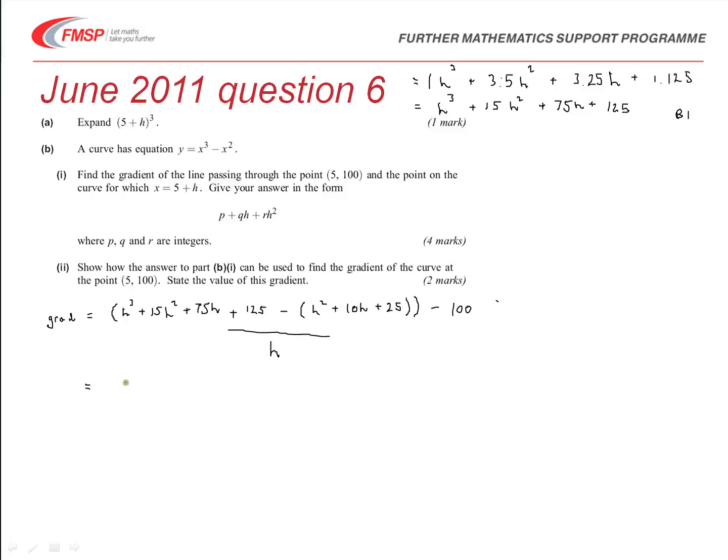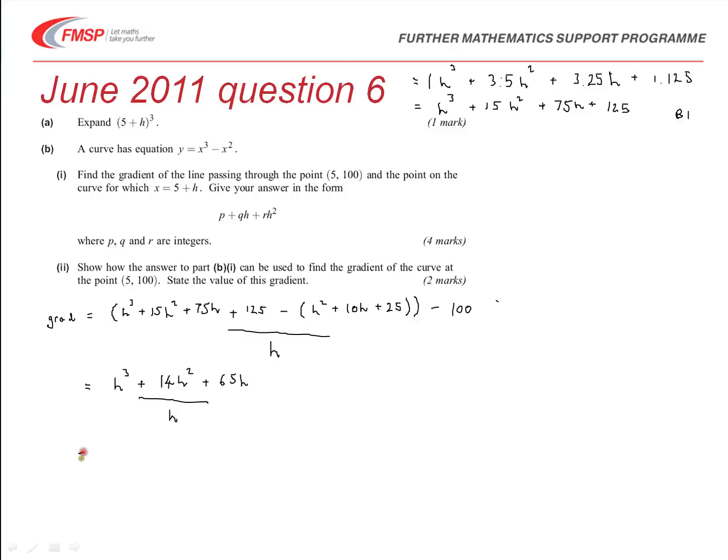If we now collect our terms together, we have h cubed plus 15h squared minus h squared, which gives us 14h squared, and 75h take away 10h, which gives us 65h. Then 125, take away 25, take away 100, cancel out. And all of that is divided by h.